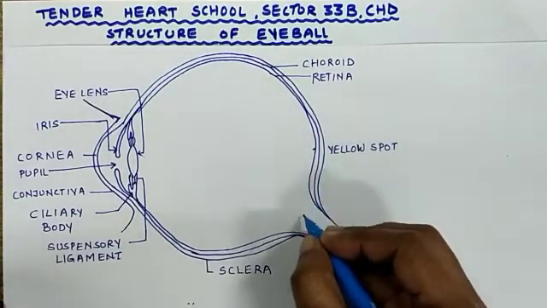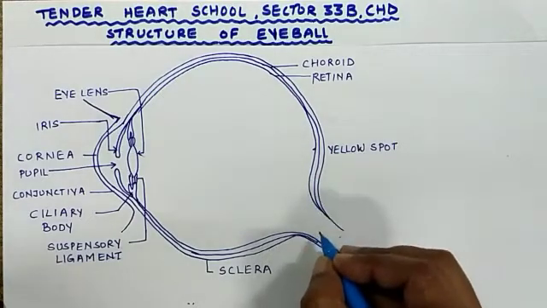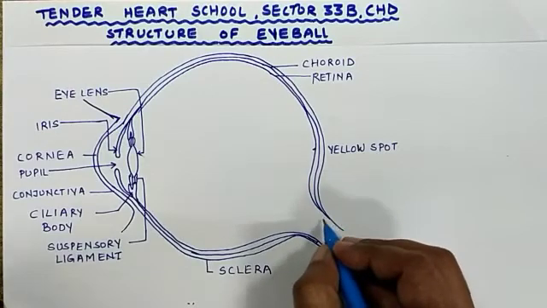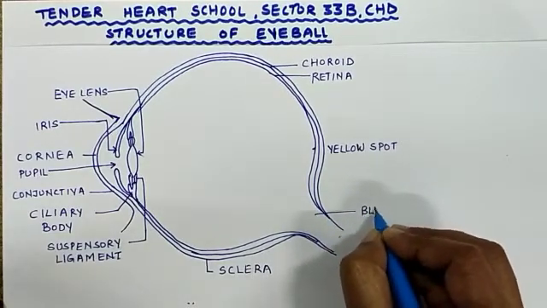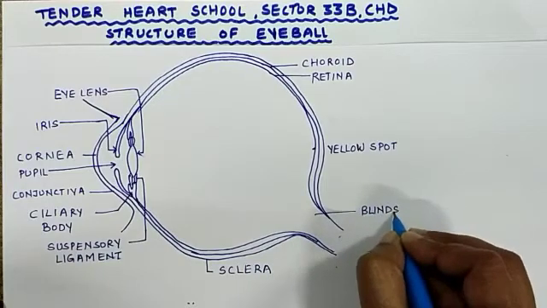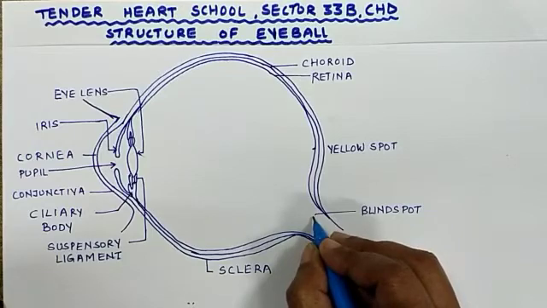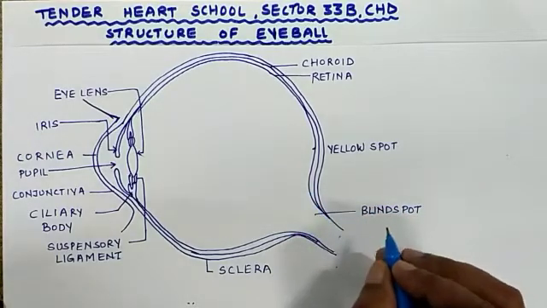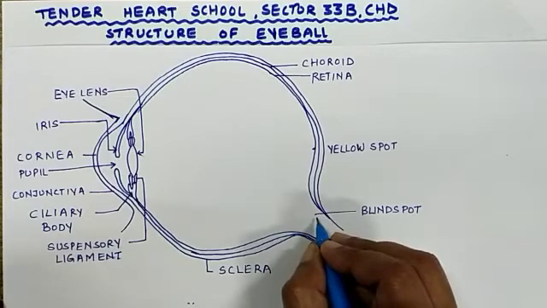Now lateral to the yellow spot, on the nasal side, we have the blind spot. Blind spot is the area of no vision. No image is formed on the blind spot.